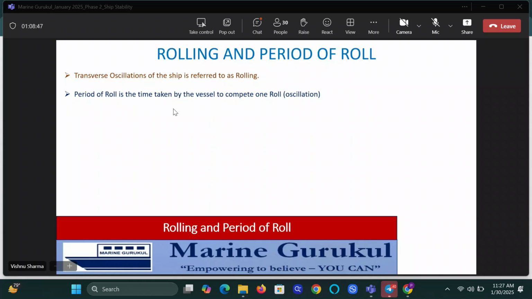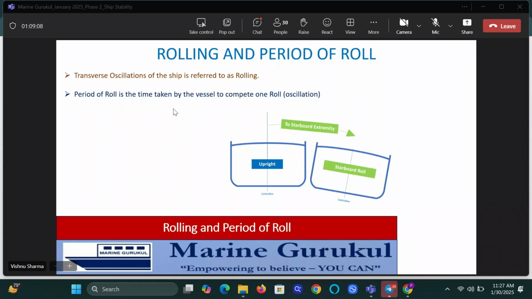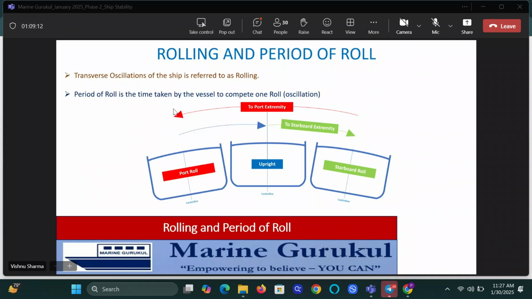That means if it starts from upright, then goes to one extremity, comes to upright, goes to other extremity, and comes back. Or if it starts from one extremity, let us say port extremity, then it goes to starboard extremity and comes back to port. Each of these is a case of one roll. So if you start from upright, then she goes to one extremity, then she goes to the other extremity, and then she comes back to upright.